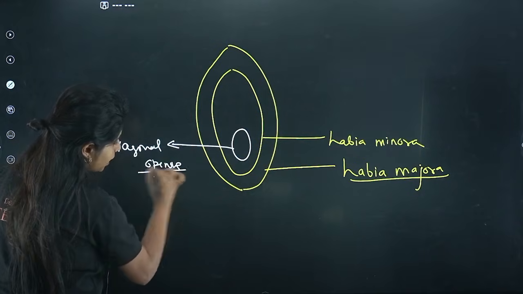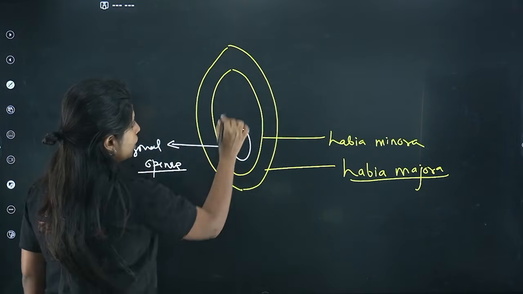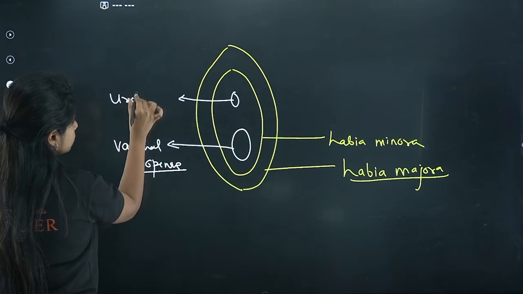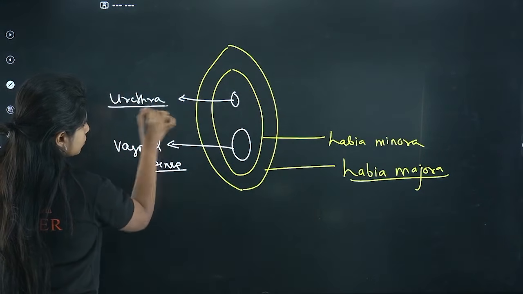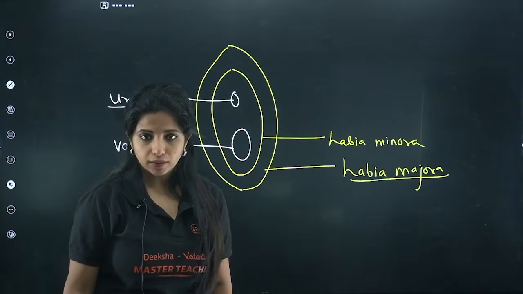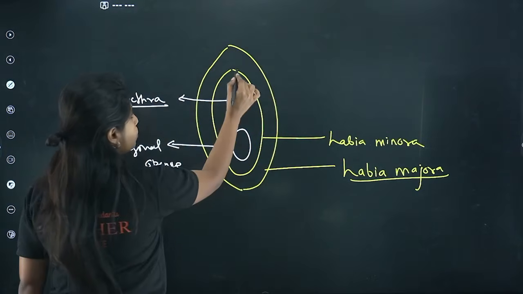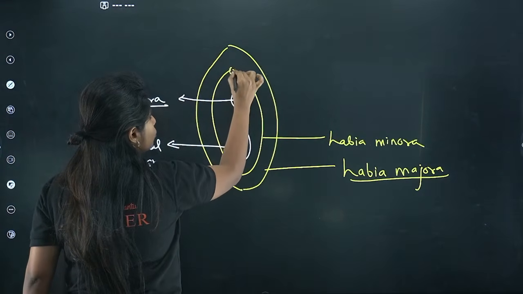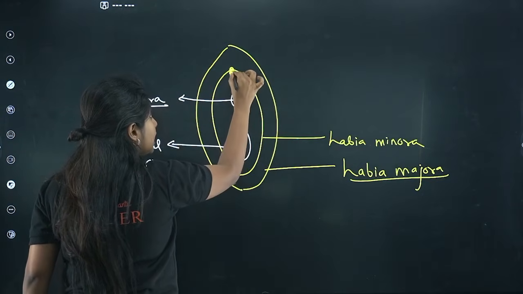Over here, you will be having the urethra, that is the urinary bladder opening. And the place where both of these labia minora join, you have the erectile tissue.